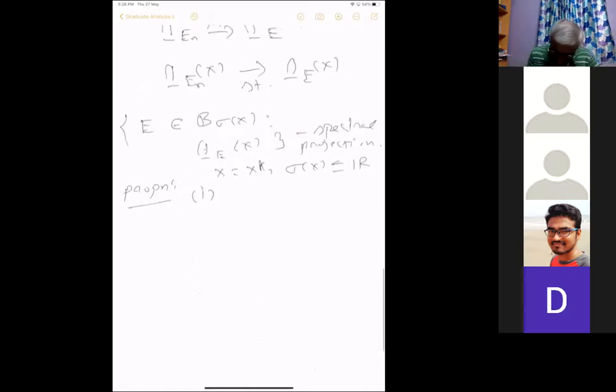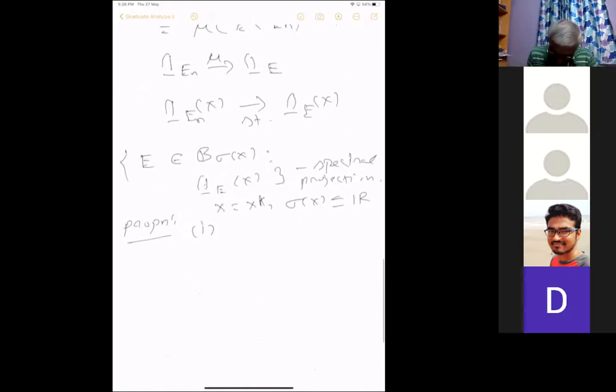We already proved it. So the first thing is, if X is in... So we defined, I mean, this is just the notation in the book by Sunder, on operators on Hilbert space. So M_X(E) is the range of this projection 1_E(X).